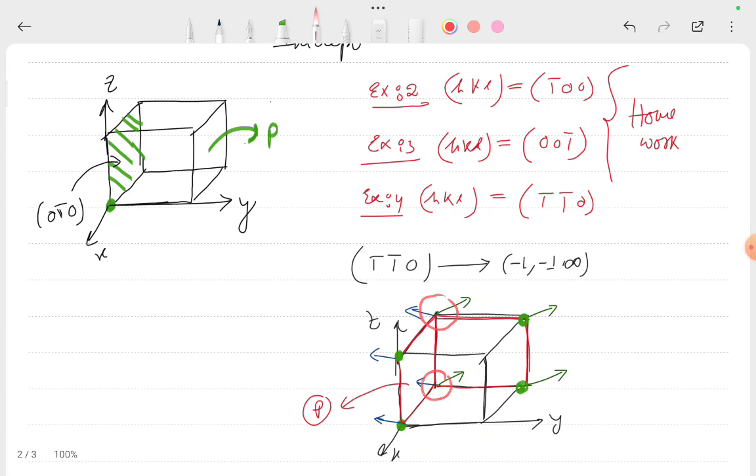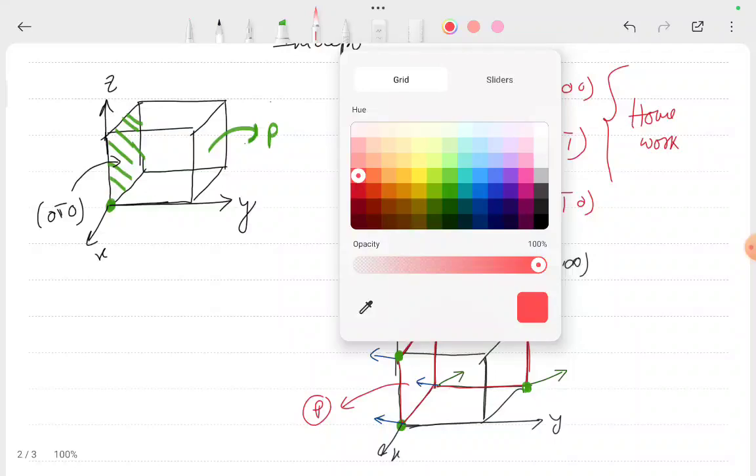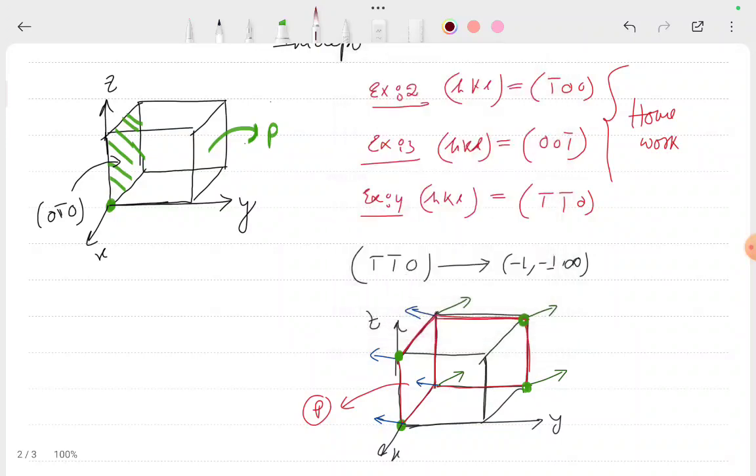So you can ignore this point here. And now we connect all the marked points where the arrows do not cross each other.